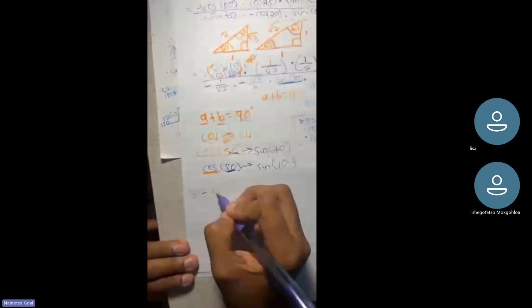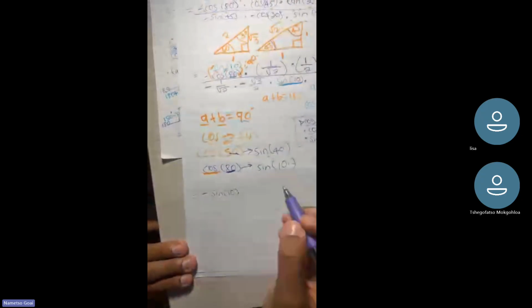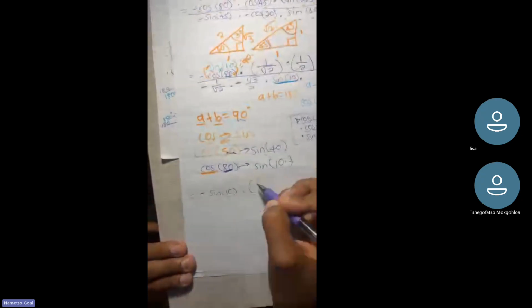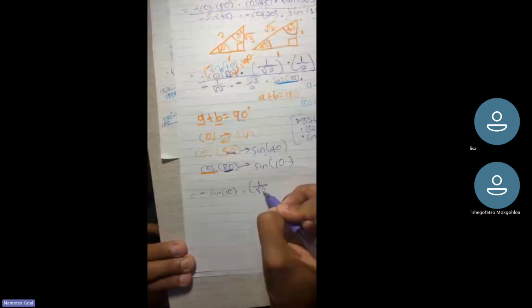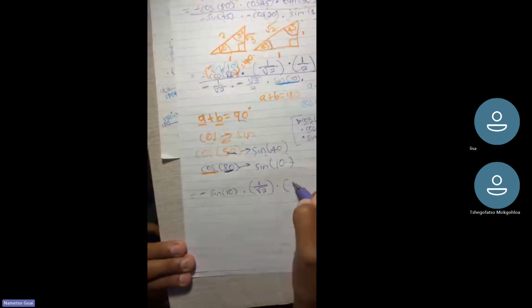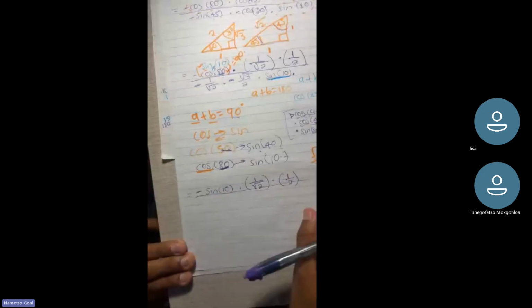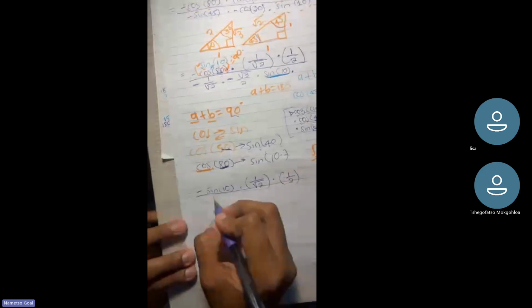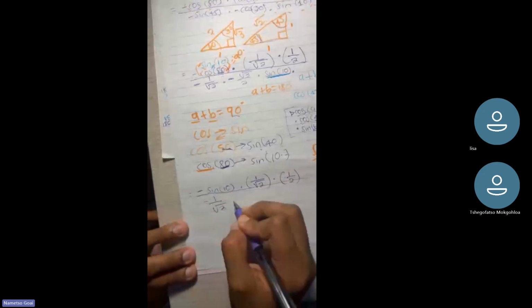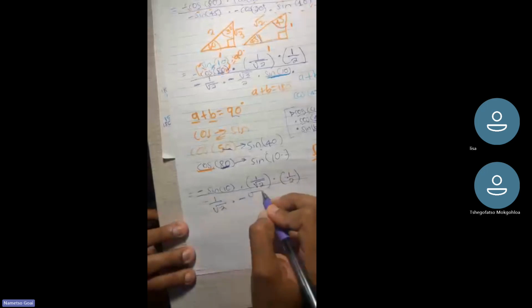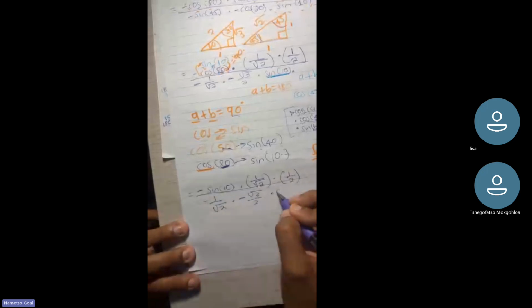So we're going to have negative sine of 10, 1 divided by root 2, multiplied by 1 over 2, all divided by minus 1 all over root 2 multiplied by negative root 3 divided by 2 multiplied by sine 10.